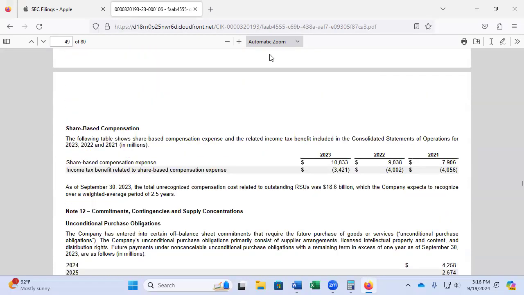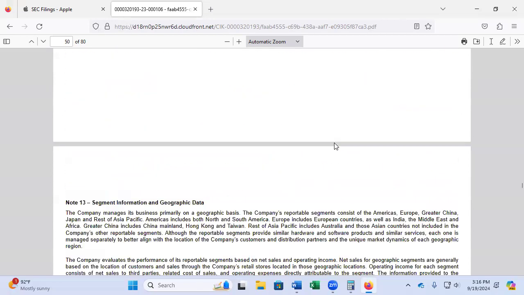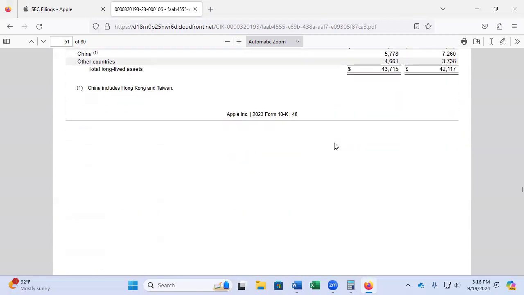I have to do a search for it. There's no necessary order that they're going to put it in.